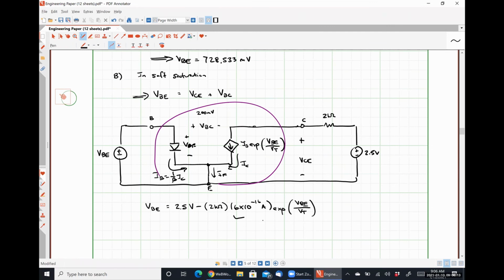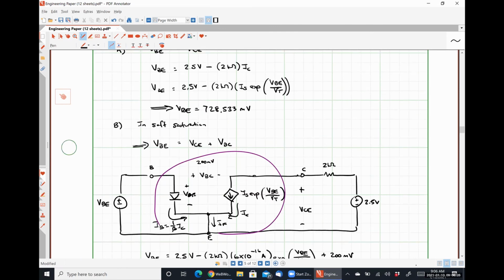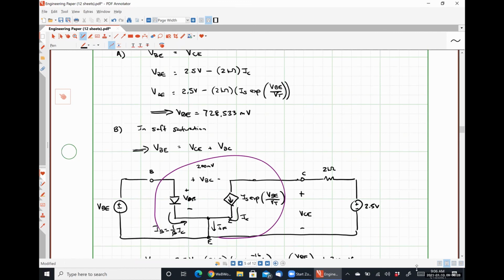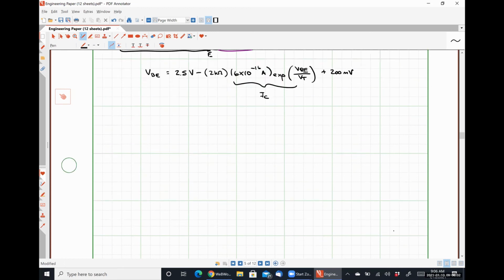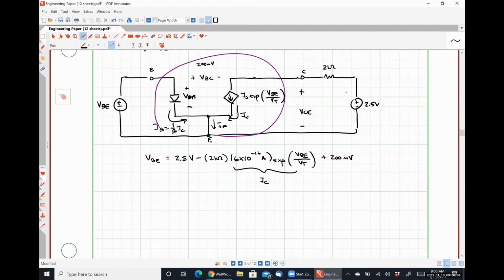All this guy right here obviously is simply IC, plus 200 millivolts. So we have the exact same equation that we had previously, except that there's a plus 200 millivolts tacked onto the end.